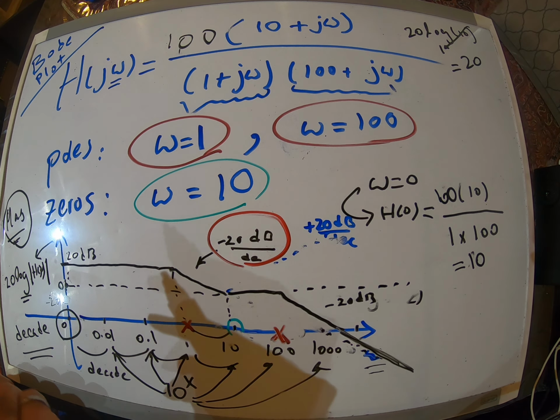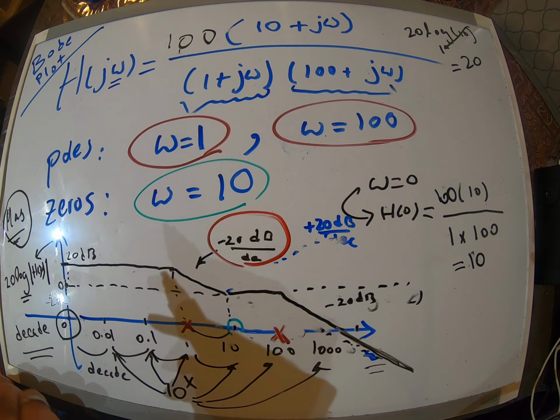The poles are 1 and 100, and we only have one 0, which is equal to 10. And we also found out that H of 0 is 100.